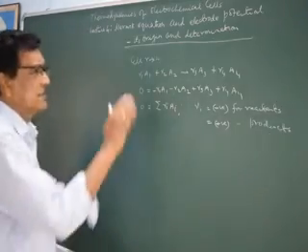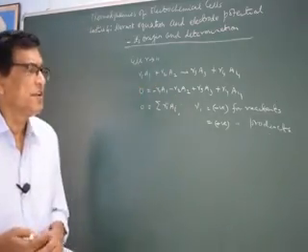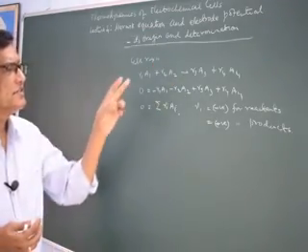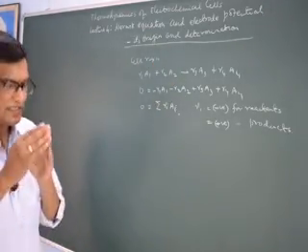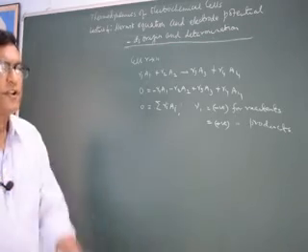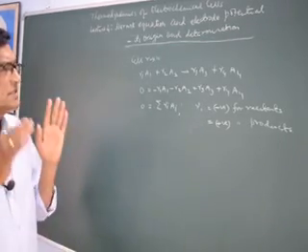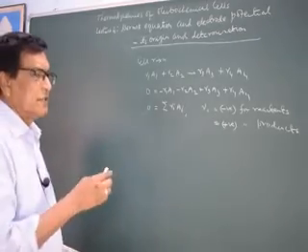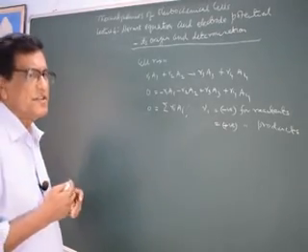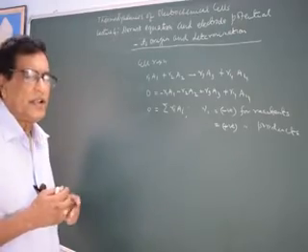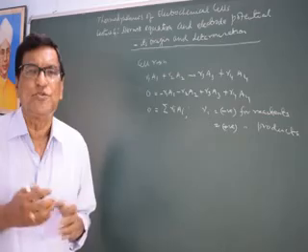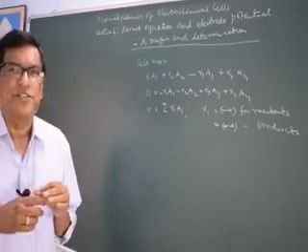As the reaction proceeds spontaneously in the forward direction, the free energy of this cell reaction begins to decrease, and this decrease in free energy is converted into electrical energy by means of a device which we call the galvanic cell.